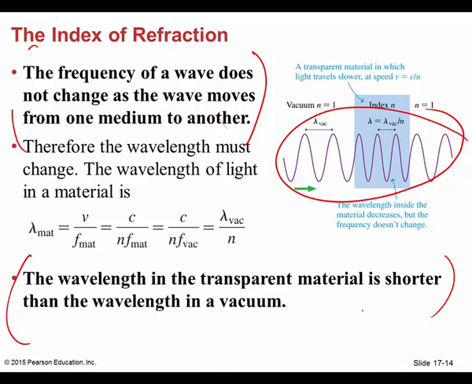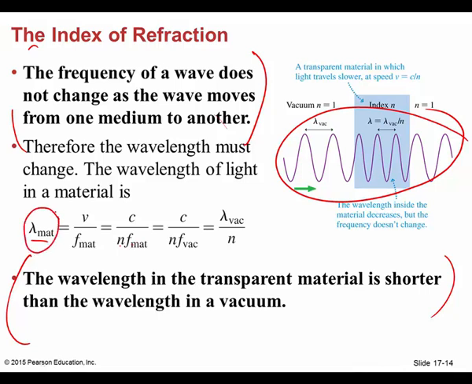Very important to remember. You say, well, how do we get to that? Well, if you take the wavelength in the material, which is the velocity of the light divided by the frequency in the material, which is equal to the same thing as saying the speed of light divided by the index of refraction times the frequency in the material, which is equal to what? The speed of light divided by the index of refraction times the frequency in a vacuum. You get this equation.